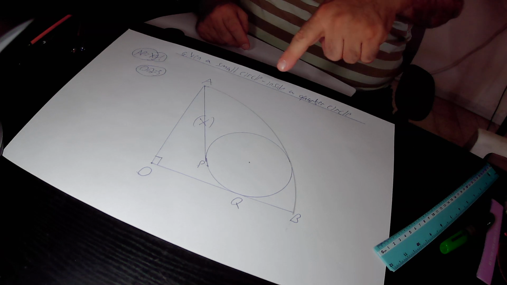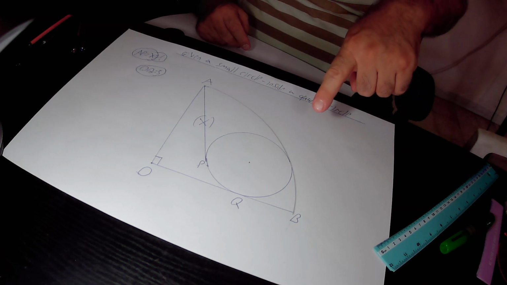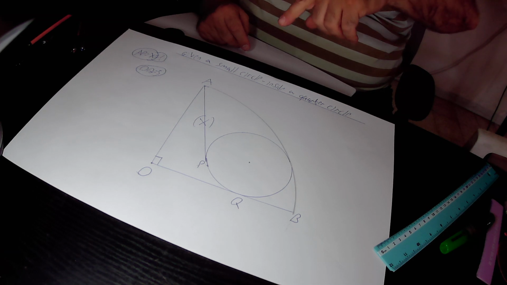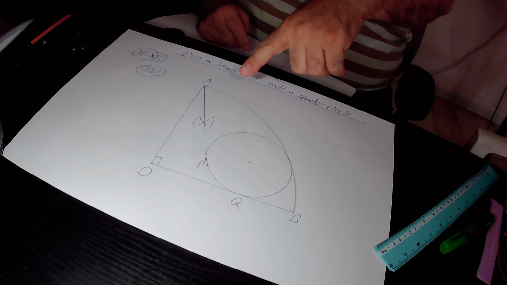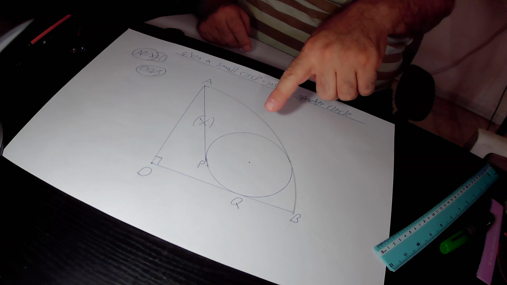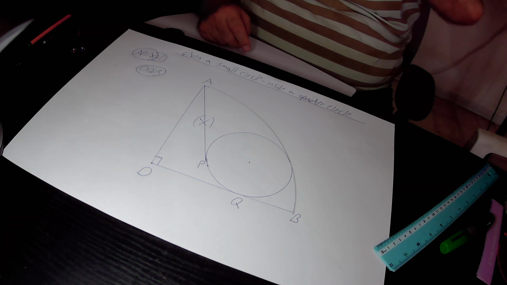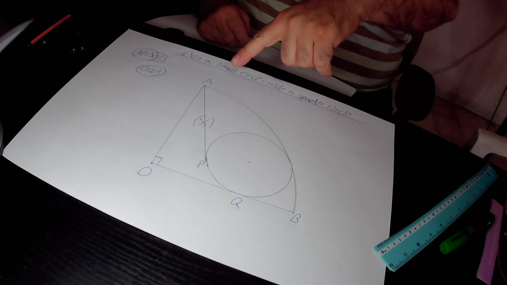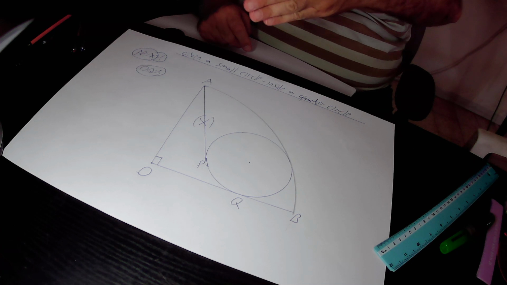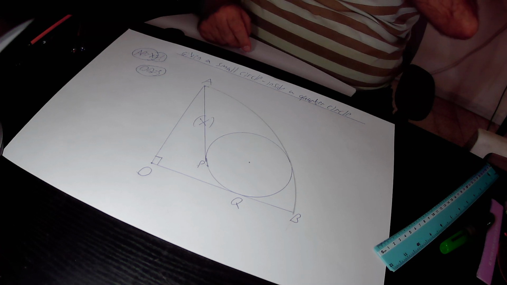Inside this quarter circle we have this small circle, and we have tangent AP that is tangent to this small circle at point P. According to the question, the length of tangent AP is x.